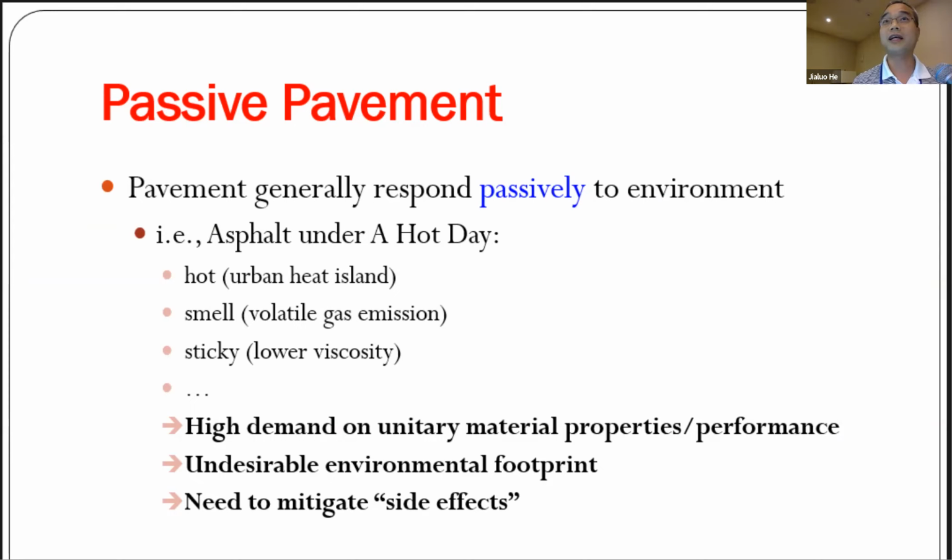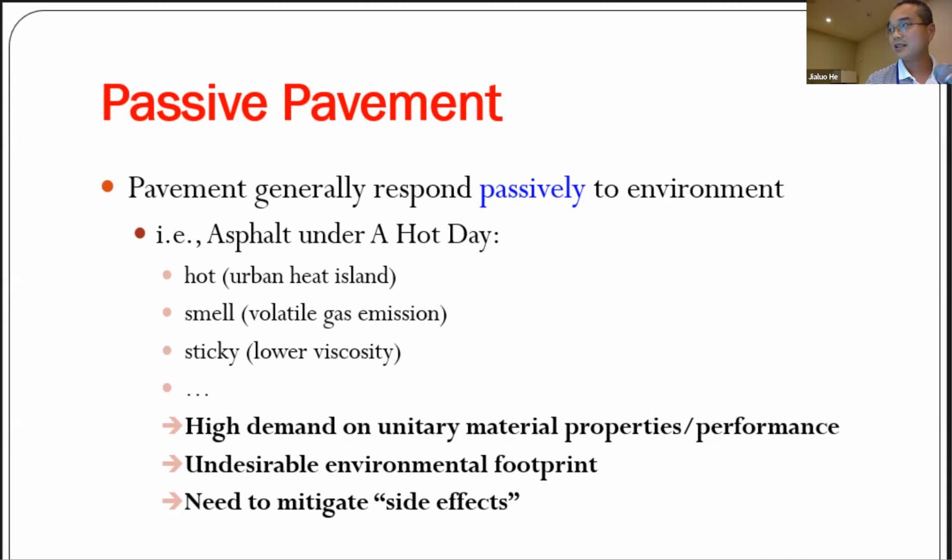They can generate volatile gases that smell, and because of the reduced viscosity, they cause larger rutting, which compromises performance. The fundamental reason is that when we design road materials, we only focus on mechanical performance as the primary design goal. So the infrastructure becomes a passive barrier to the environment, and doesn't achieve the potential benefits of modulating the environment.